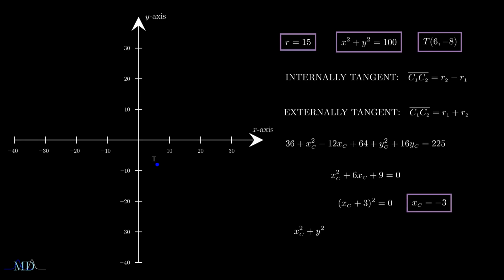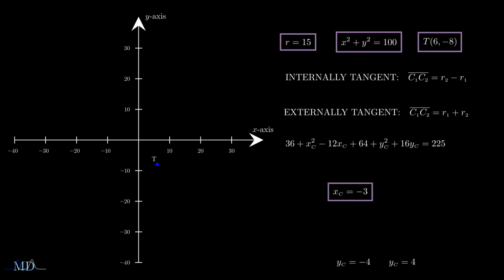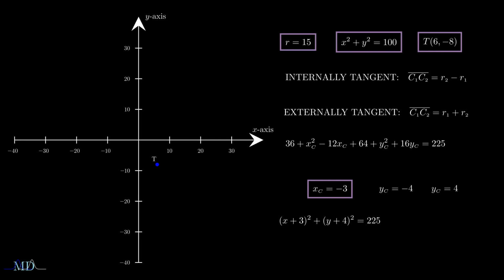Then we substitute this value in the equation xc squared plus yc squared equals 25. And we get two possible values for yc, minus 4 and plus 4. These values correspond to two circles. The first one of equation x plus 3 squared plus y plus 4 squared equals 225.